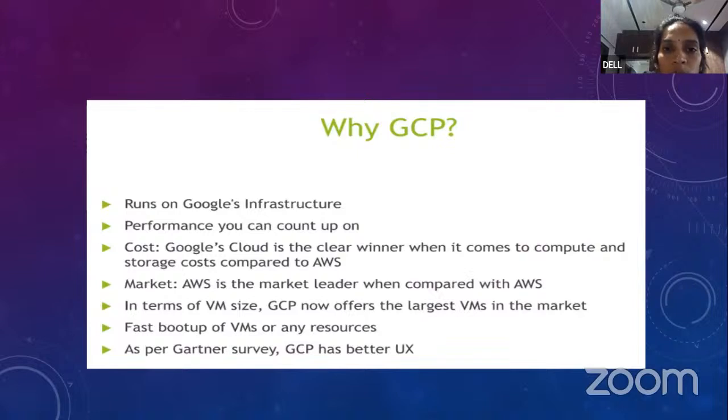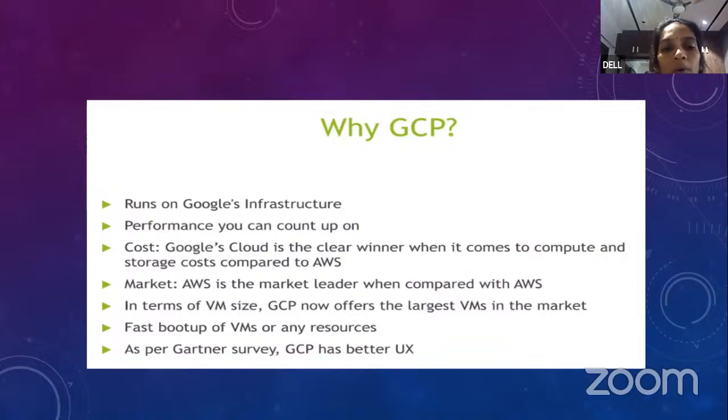We can choose storage from one technology, go for artificial intelligence with another, and go for the data analytics part with yet another. But in Google Cloud Platform, we can do everything in Google infrastructure only. It will provide everything end to end. That means it runs on Google's infrastructure, and performance we can count upon.